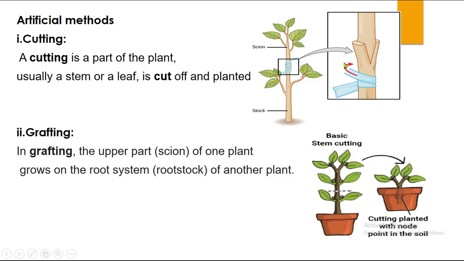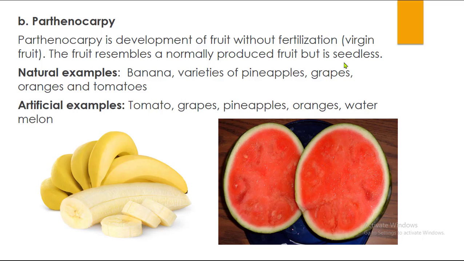Grafting can be done within the same species, or it can be done within a species which have some resembling mechanism, for example, you can cut part of the apricot plant and you can graft it on the almond plant. So on a single parent plant, you can find two varieties of fruits. So this is grafting. This is an artificial method of vegetative reproduction.